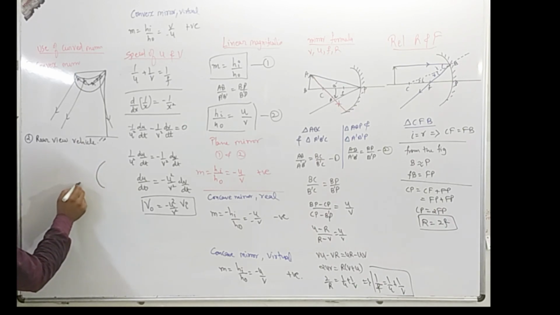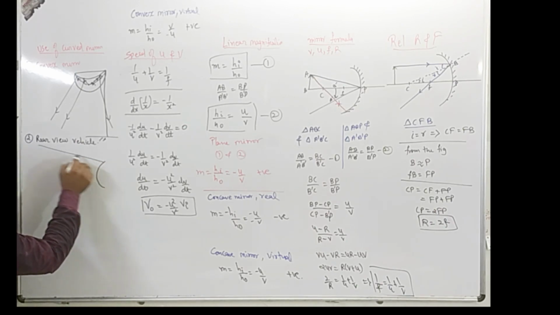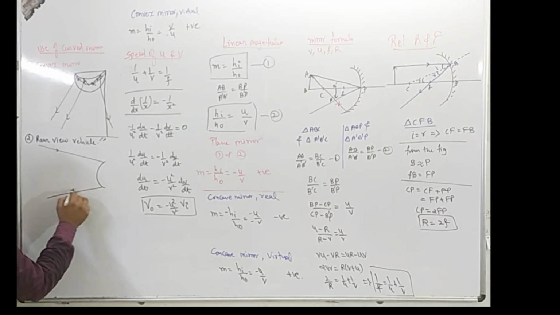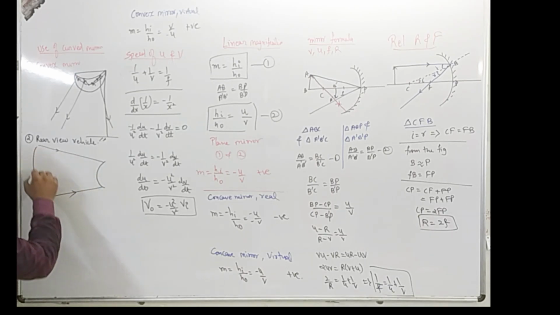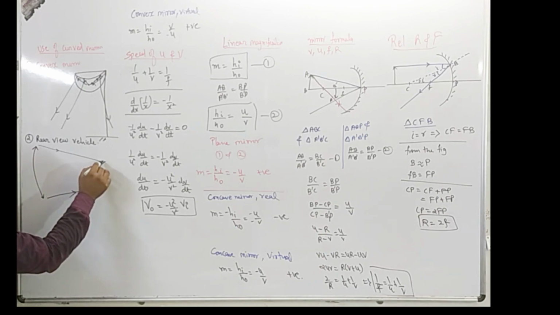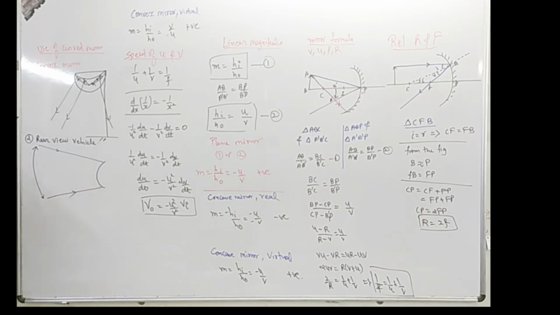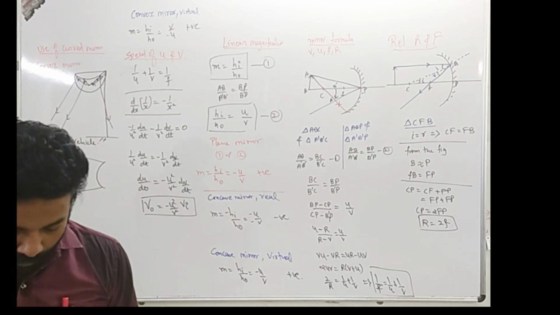If you observe it, you will be able to cover a very big area in a very small part. So you can see even if two trucks or multiple vehicles are coming from behind, such a wide view you have. So convex mirrors are also used in the rear view mirror of vehicles. Then we have other uses also.